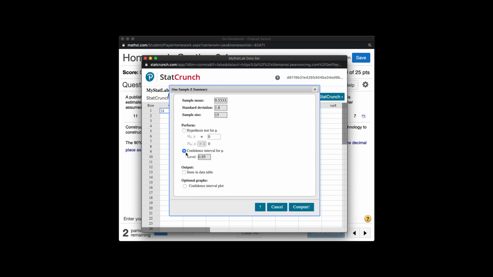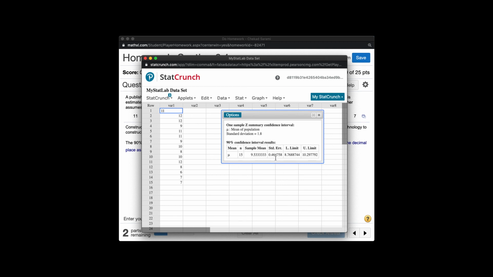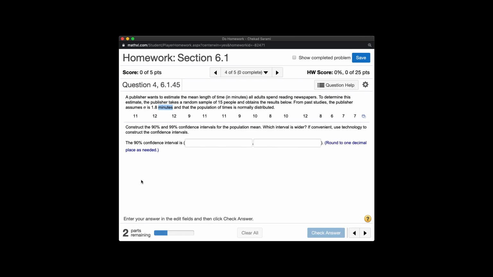So we need a confidence interval of 0.9. Interesting. Now we have the sample mean, as you see here, and the standard error is that. Now left and right, 8.76 and 10.29. Let's see if the answer is the same.